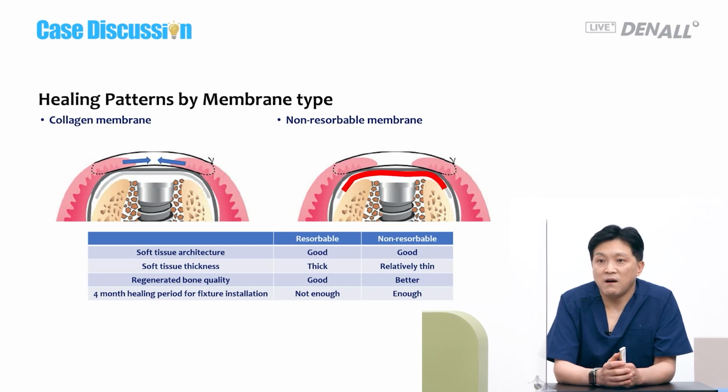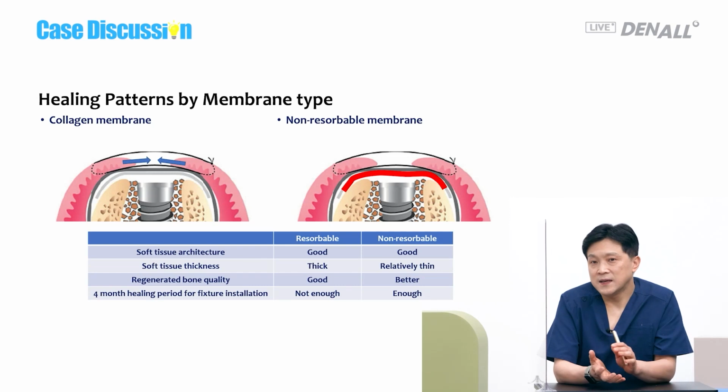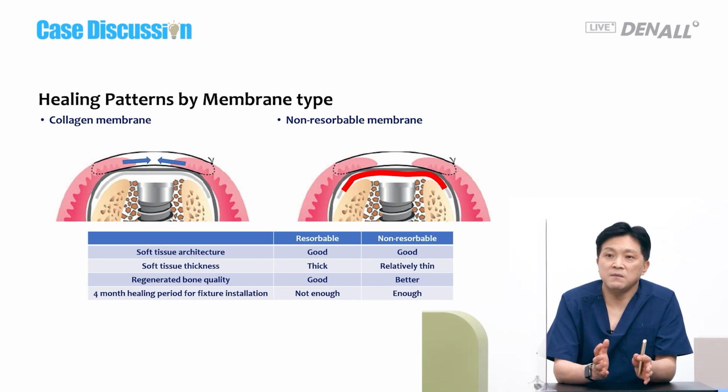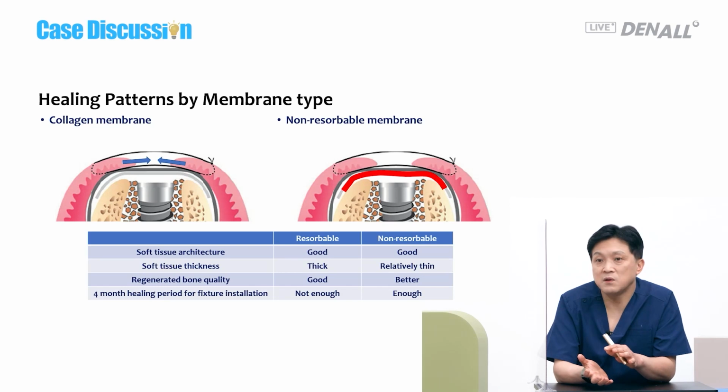In terms of the soft tissue architecture, both of them have good architecture. However, regarding the soft tissue thickness after healing, the collagen resorbable membrane shows thicker soft tissue compared to the non-resorbable membrane.